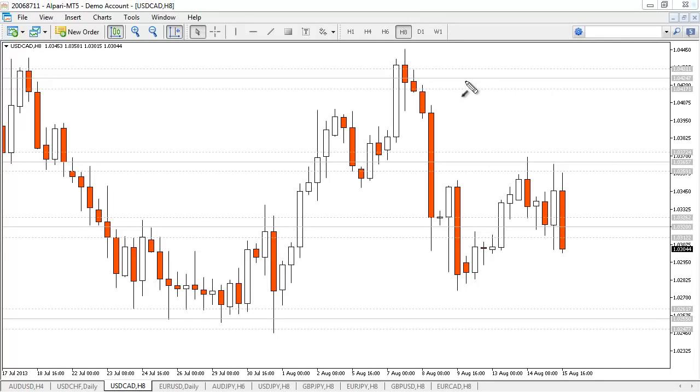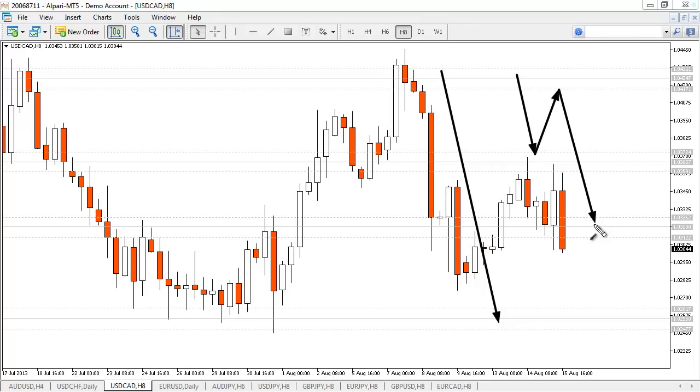So just because the weekly chart is moving down, price on the 8 hour chart is not going to move straight down. There's always going to be points in that trend where price has to come back up for a bit and then move down, and has to come back up for a bit and has to move down and then come back up.